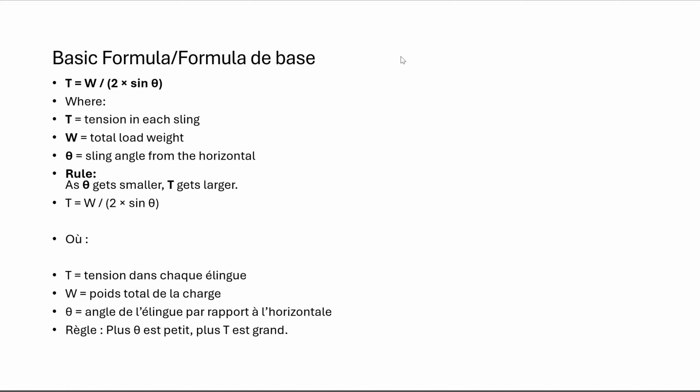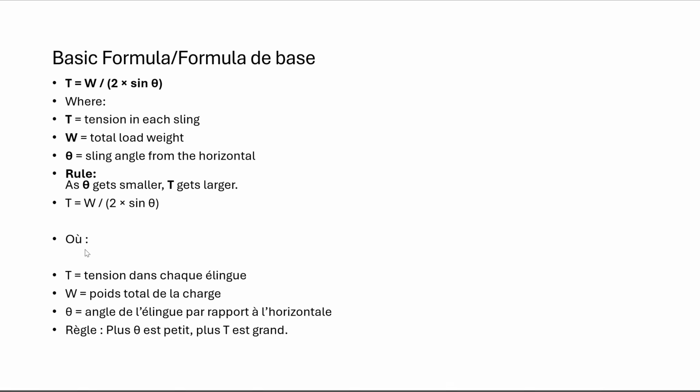Basic formula: T equals W divided by 2 times sin theta, where T is the tension in each sling, W is the total load weight, and theta is the sling angle from the horizontal.